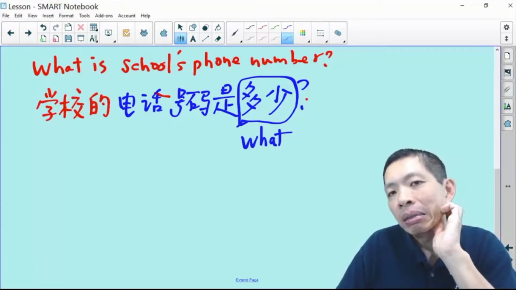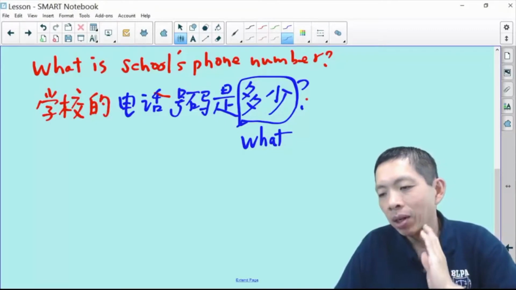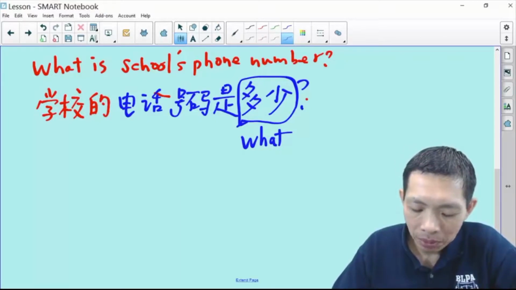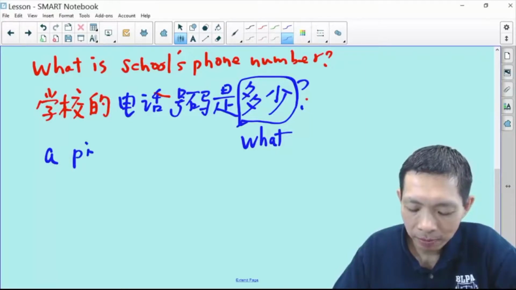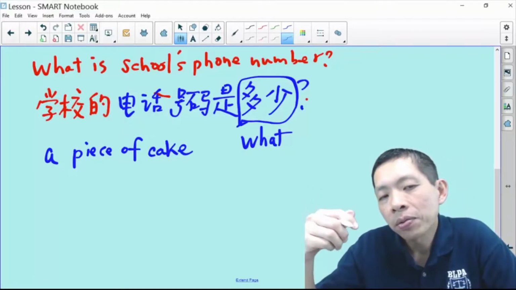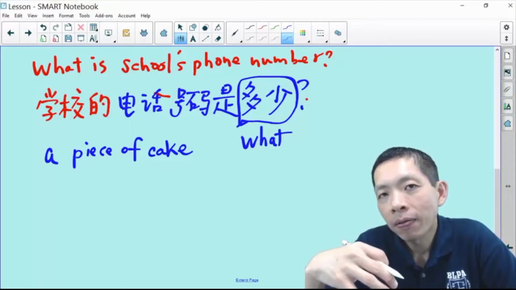When I was learning English, we learned idioms. I remember very clearly, we call it a piece of cake. If you say it's a piece of cake, it doesn't actually mean the cake itself.